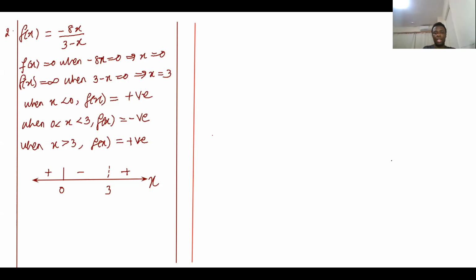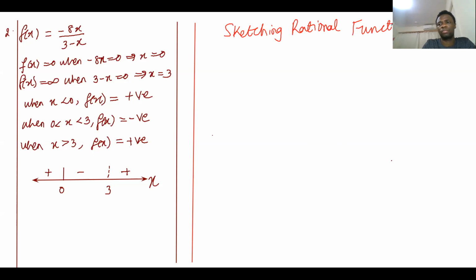I'm not sure if we have enough space here, and I don't want to do half here and half on the other page. Anyway, let's do it. Sketching rational functions.